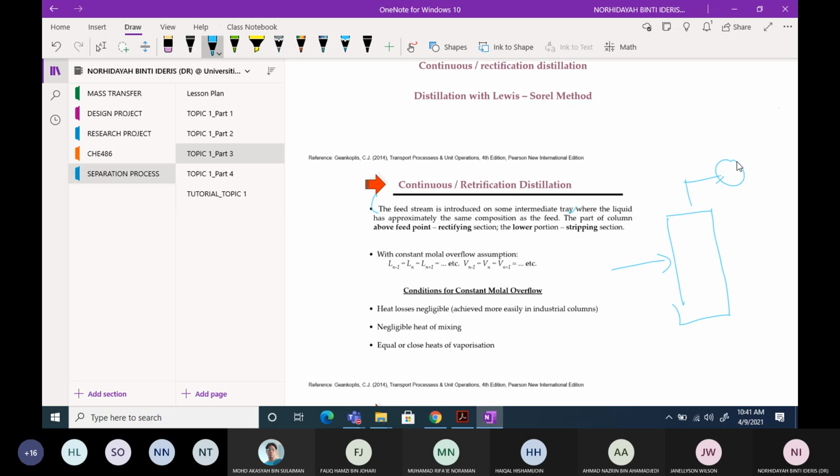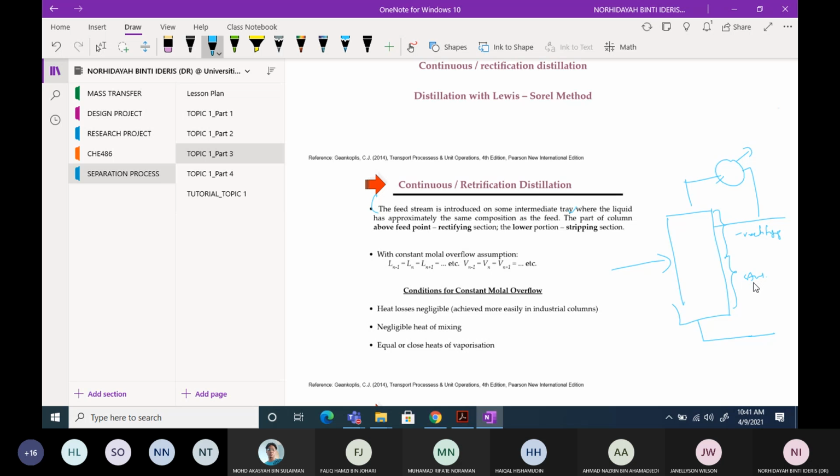When we talk about continuous distillation, you're going to have the reboiler and condenser. The top part you refer to as the rectifying section, which is just slightly different. Before this we called it enriching, but it's the same thing. And the lower part we call the stripping section.